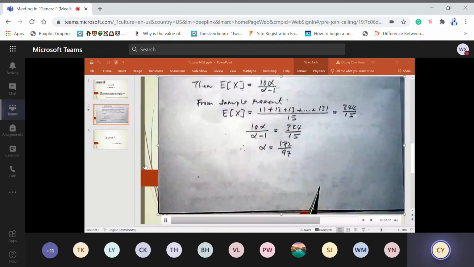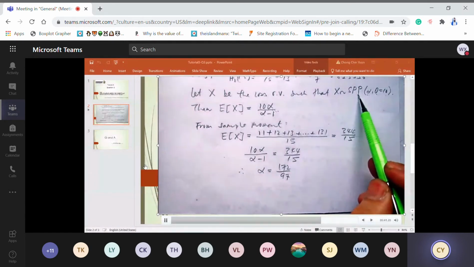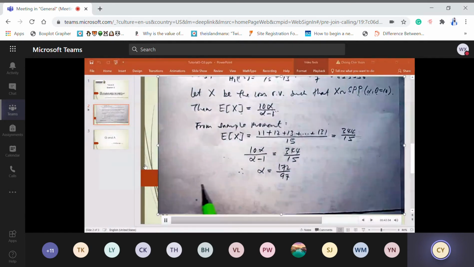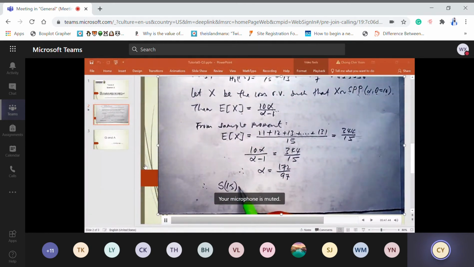So, under this single parameter Pareto distribution, we can find the survival at 15. That is equal to 10 over 15 to the power of alpha, which is 172 over 97.